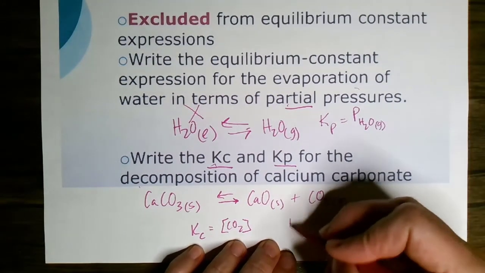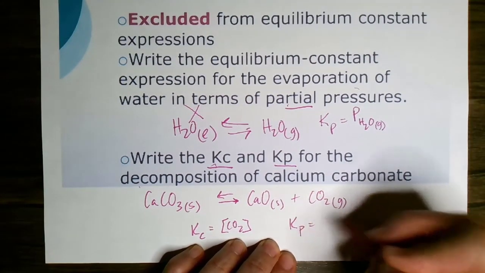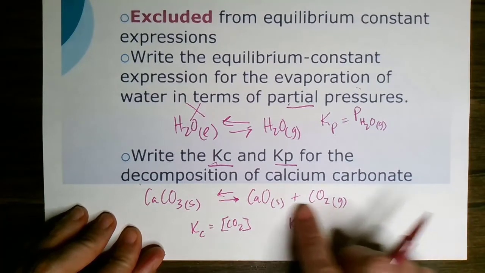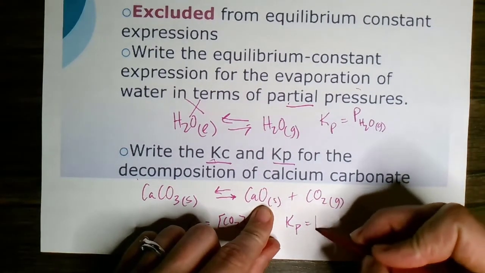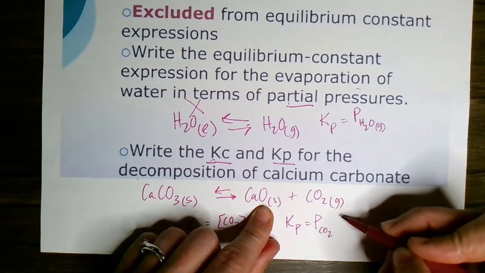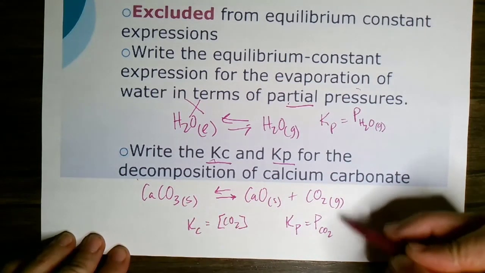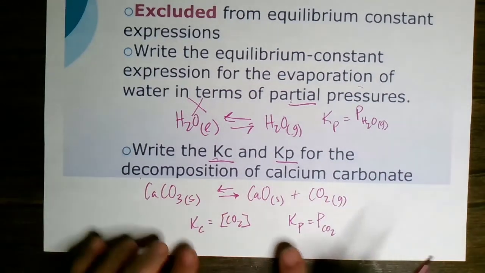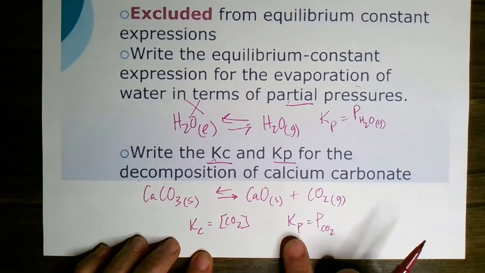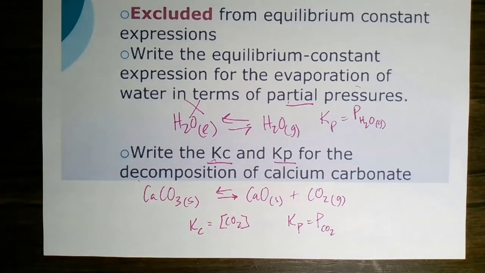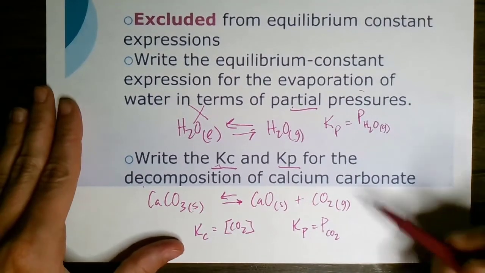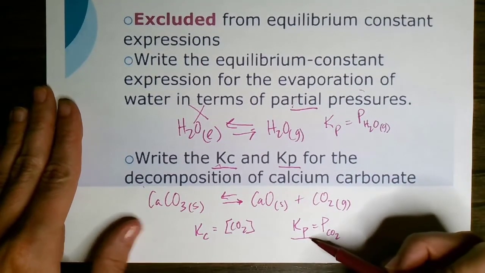Let's look at the partial pressure constant. This is only gases. So products over reactants, I would look at the partial pressure of CO2, again to the first power. I have no gaseous reactants, so that's it for my constant pressure. So solids and liquids drop out of Kp expressions.